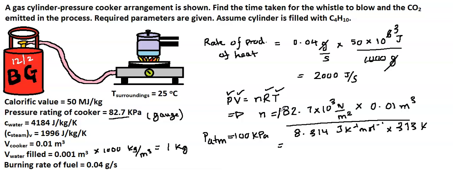314 divided by 373. So that's around 0.6, and if you work the units out, you should get moles, right? And to convert this into grams, I multiply by the molecular mass of water.